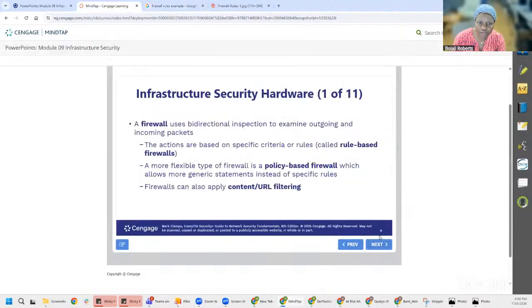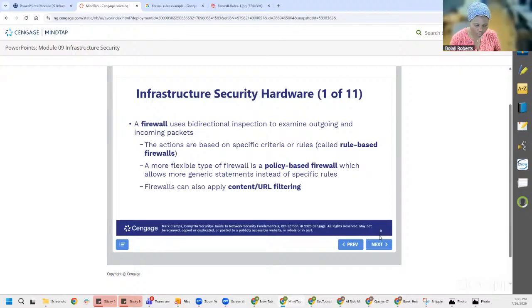All right. That's the firewall. And there are different kinds of firewall. They are rule-based, they are policy-based, and they are also URL-based firewalls. In fact, there are web application firewalls as well. So the URL-based firewalls are pretty much looking at the website, the content of the website, and you can block.